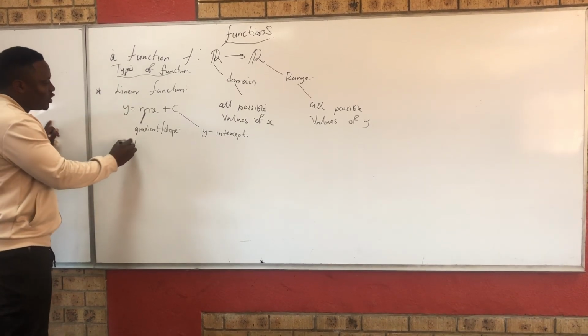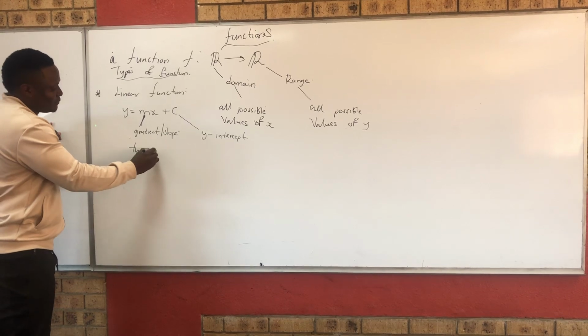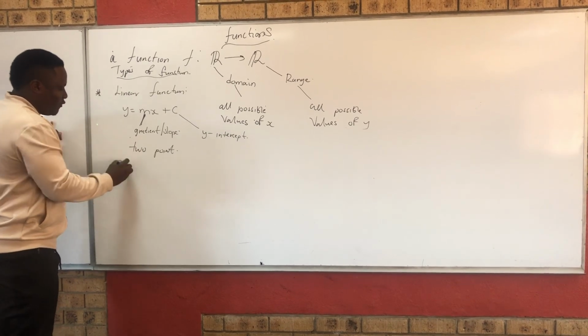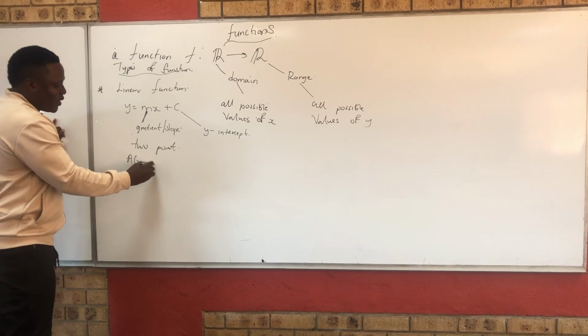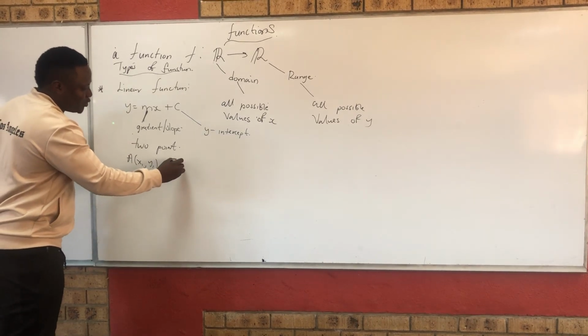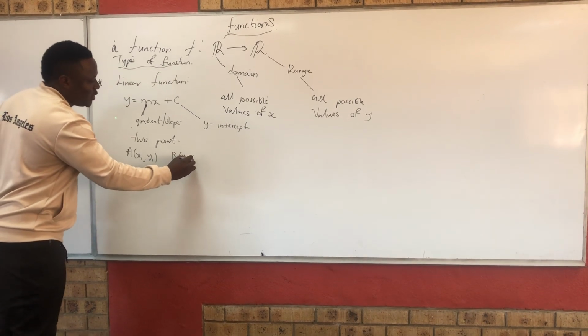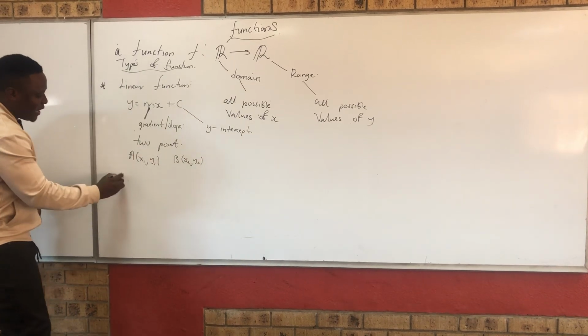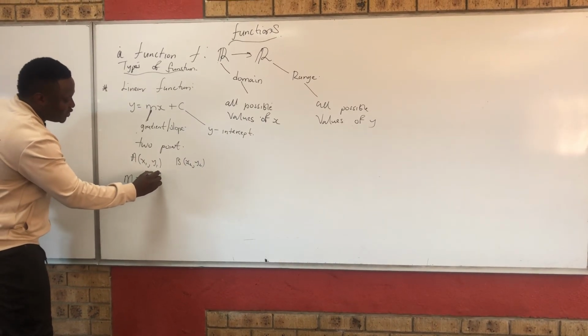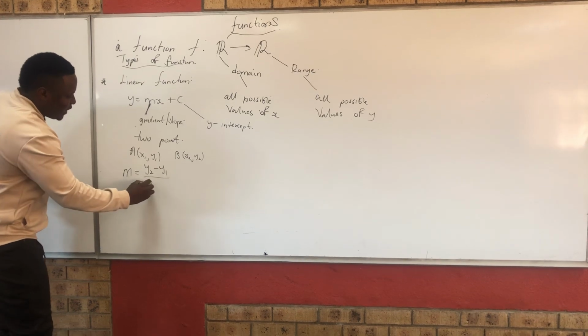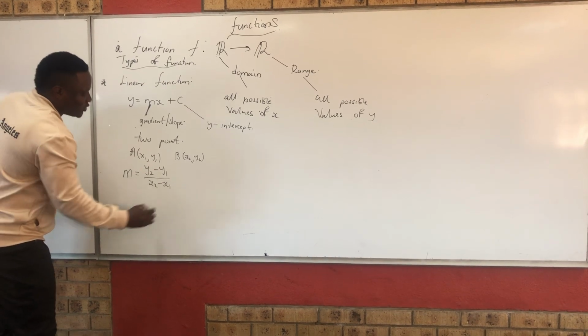So for you to find the gradient, you need to have 2 points on the graph, A defined by maybe x1, y1, and B defined as x2, y2. Then to get m, as long as you have 2 points, it is the same as y2 minus y1 over x2 minus x1.